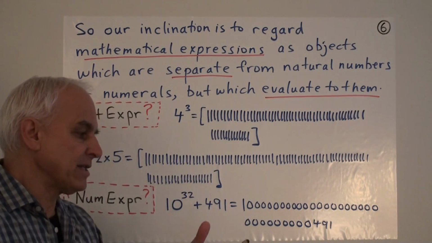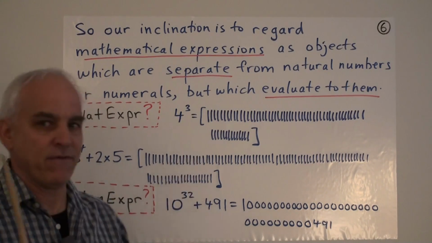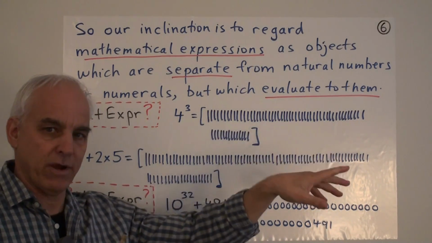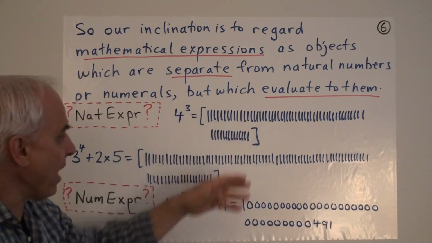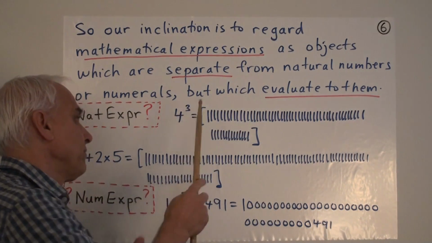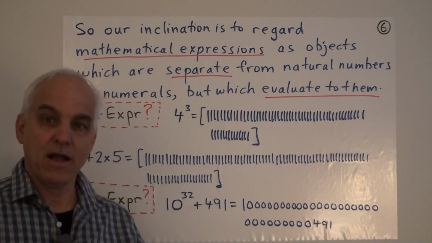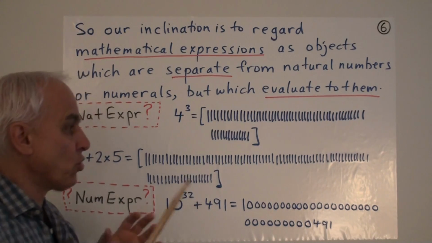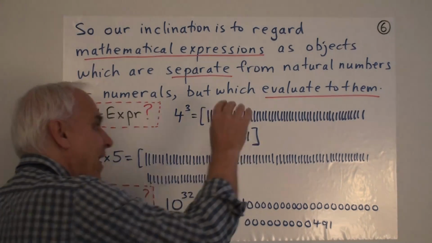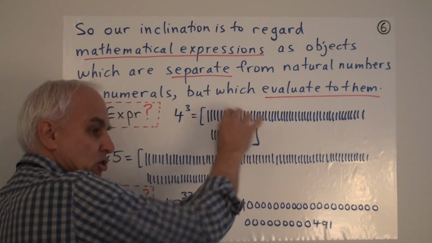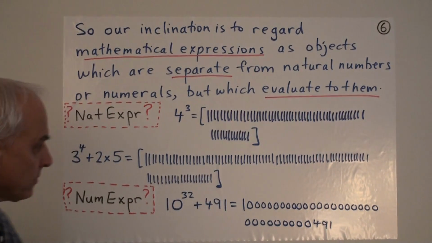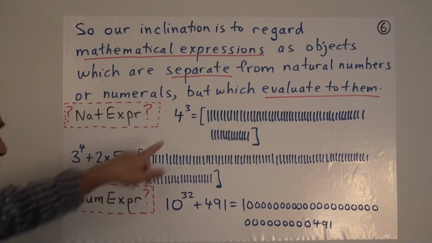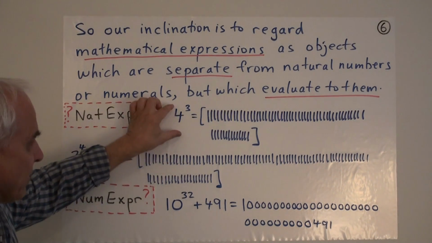So what we could do is enlarge our names for this thing, to allow not just 64, written as 6-4 in Hindu-Arabic, but also this more fancy, sophisticated kind of expression. So we can think of 4 cubed as being a shortcut notation which ultimately represents that natural number. So that is one possible approach. And we don't have to restrict ourselves to very simple things like this.